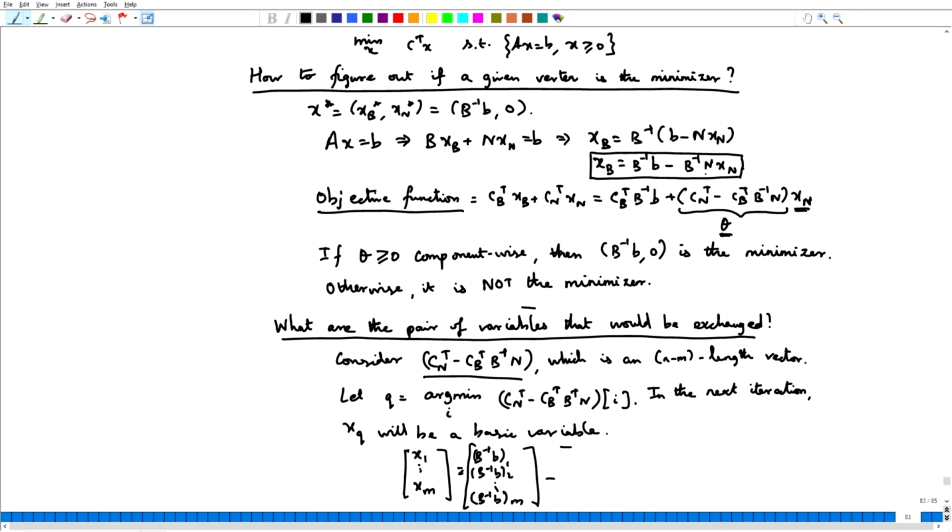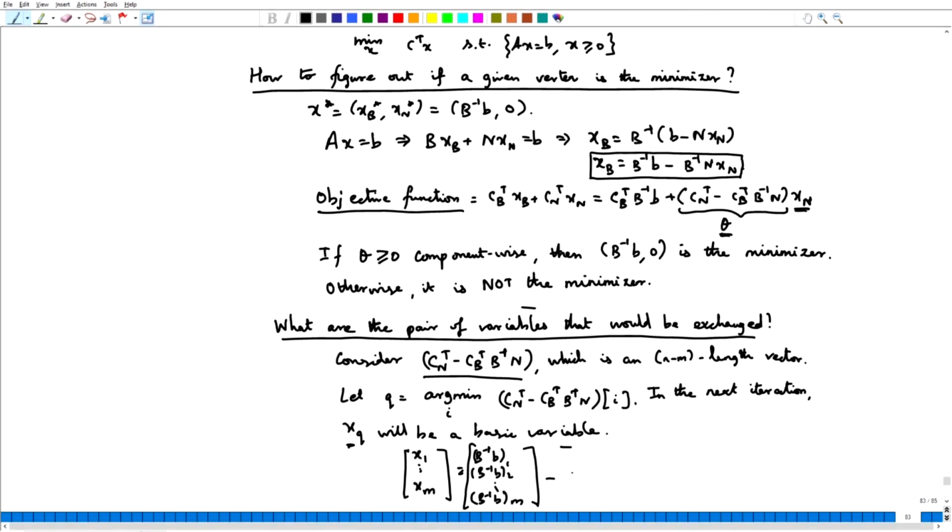Now, what is B inverse N into x_N? Note that x_q is going to become basic in this, the others are actually going to remain 0. That is, if x_{m+1}, x_{m+2}, up to x_n are the non-basic variables, x_q will be non-zero, and all the other n minus m minus 1 variables are going to be 0.